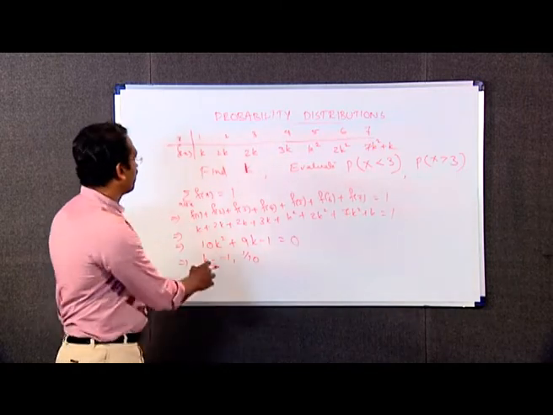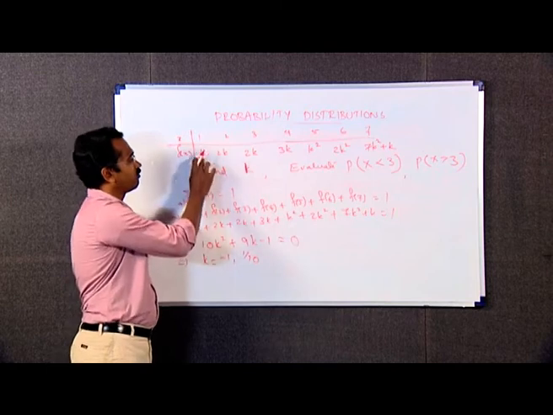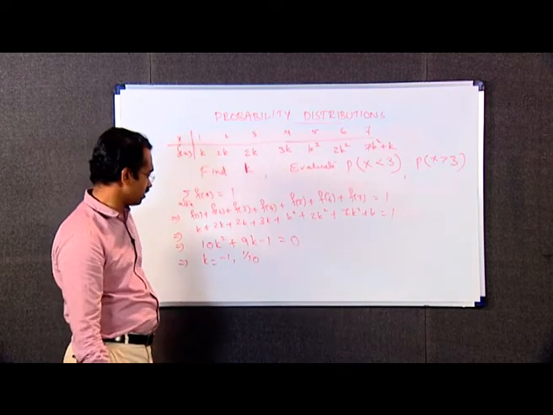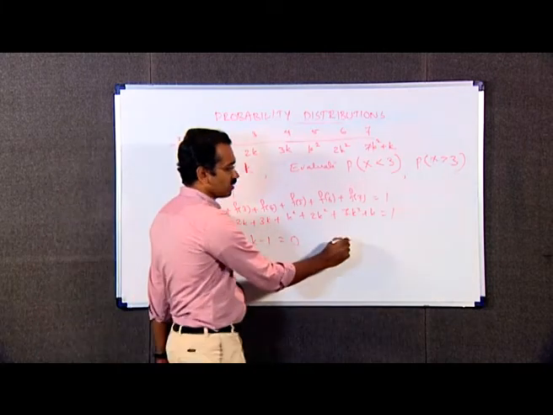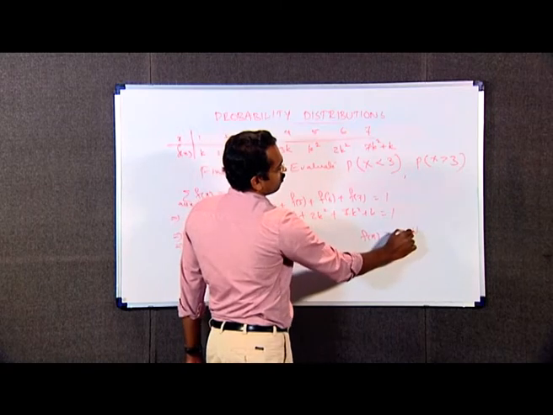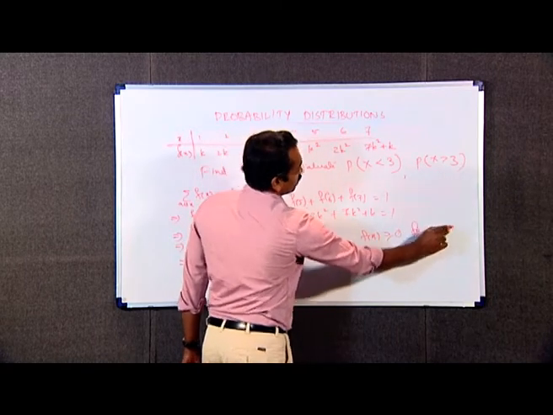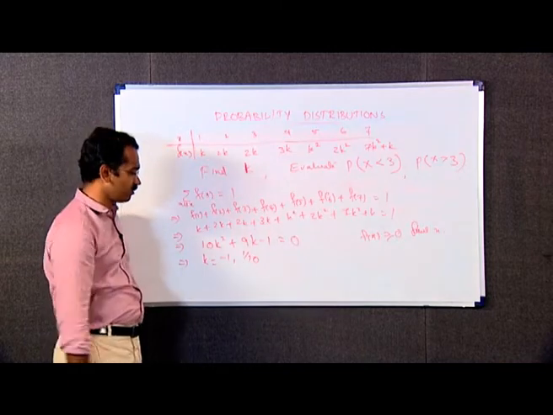Here k is part of the given probability values of f of x, means the probabilities cannot be negative. That is, from the first condition f of x greater than or equal to 0 for all values of x, k cannot be negative.